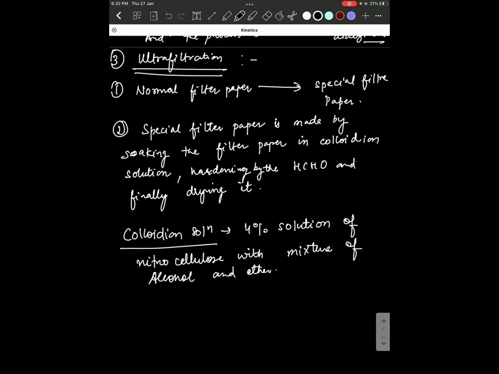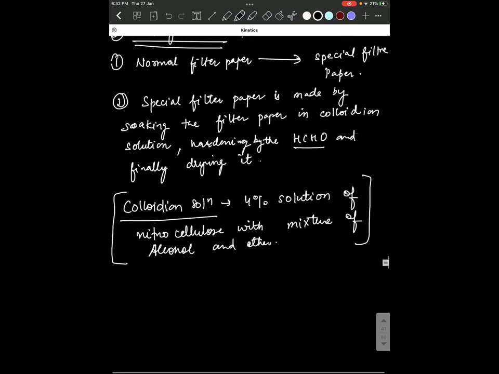So this normal filter paper is dipped in colloidal solution. After that, it is dipped in formaldehyde and it gets hardened and then it is dried. So it can be used for purification of colloids.